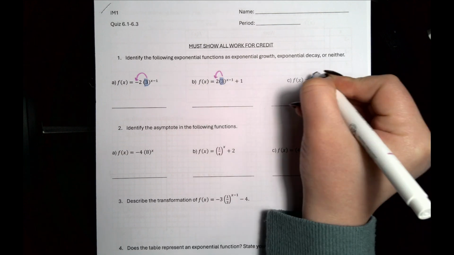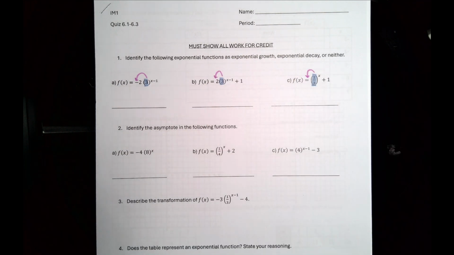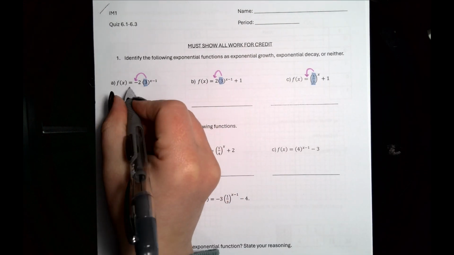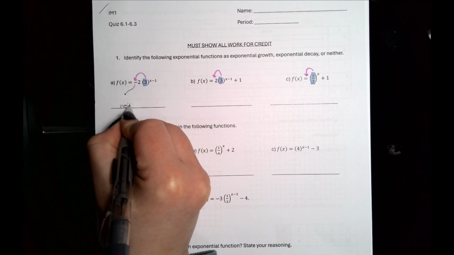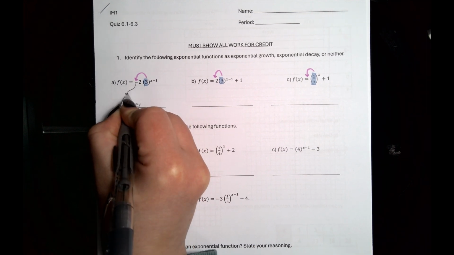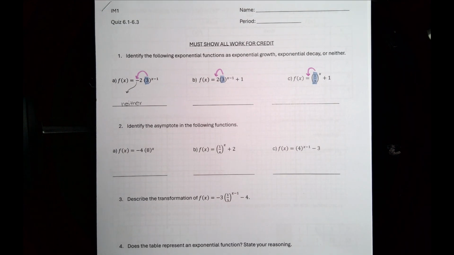If your A value is negative, that means an automatic answer of neither. Again, you see this negative, so your answer is neither. That means there has been a reflection across the x-axis, making this not exponential growth and not exponential decay.